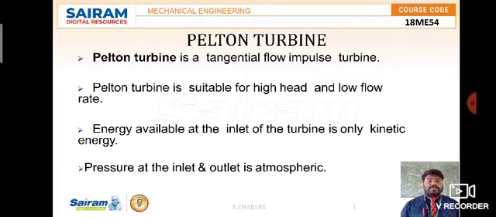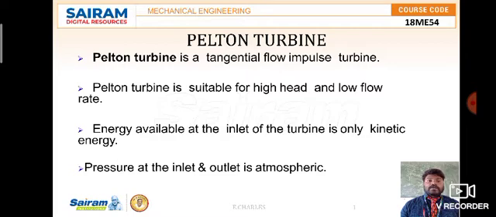Now coming to the head, this Pelton turbine is suitable for high head and low flow rate. It will be at greater heights when compared to the Kaplan turbine and Francis turbine. It will have more buckets or hemispherical cups arranged in a series, and the flow rate will be very low when compared to the Francis and Kaplan turbines. Now, the energy available at the inlet of the turbine is only kinetic energy.